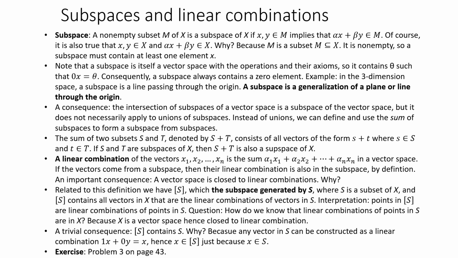If we have two subspaces S and T, their sum is a set that contains the sums of vectors coming from the two subspaces respectively. And it is true that if S and T are subspaces of a linear space, then their sum is also a subspace. So the sum of two subspaces is a subspace.